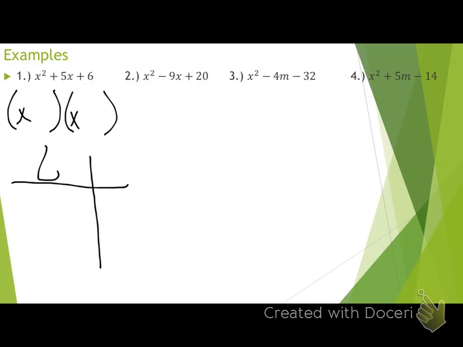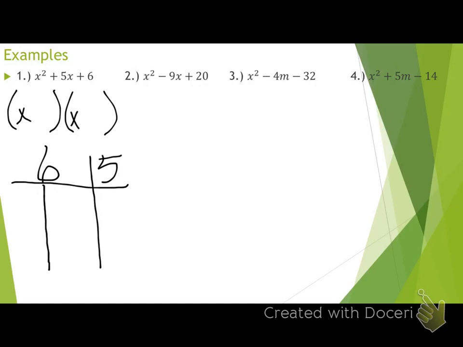Does everyone see how 6 is my C value? It's a positive 6, correct? What goes in my second column? B. What's my B value? 5. Wait, why'd you put 6 first? Oh, 6 is my C value. Under my 6, I'm going to create 2 columns. Everyone good with step 2?